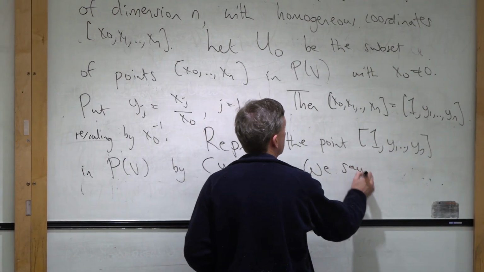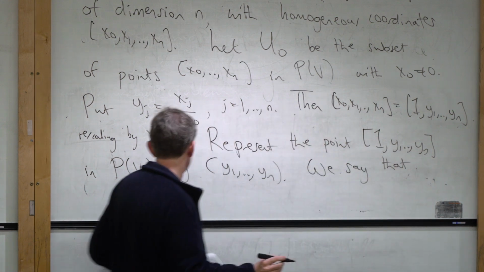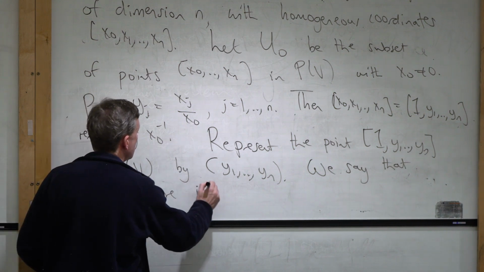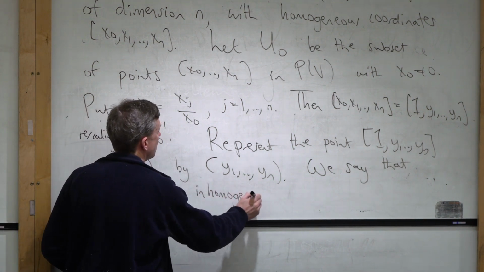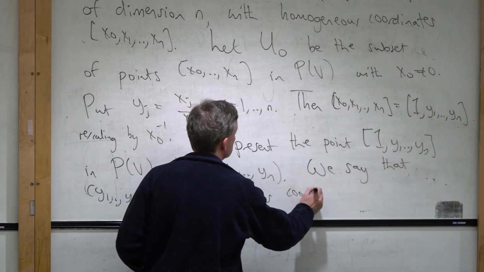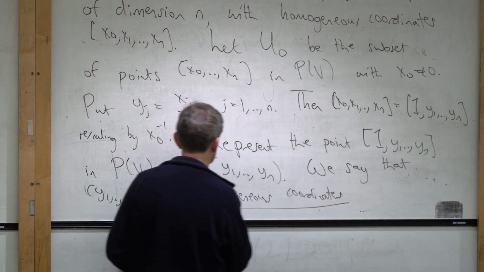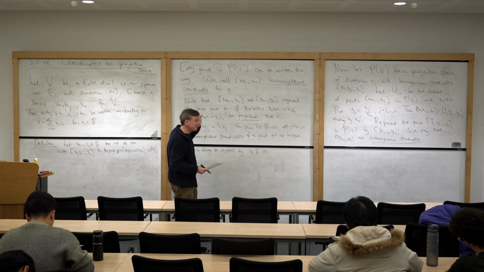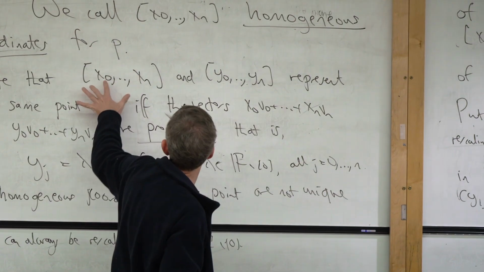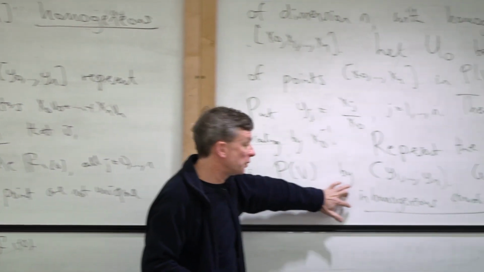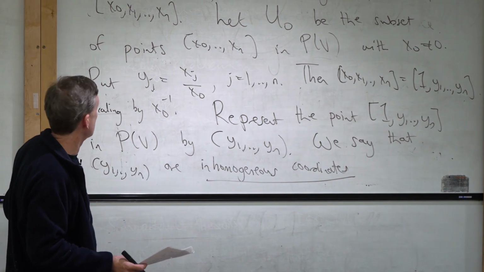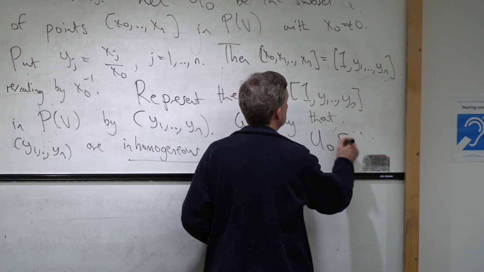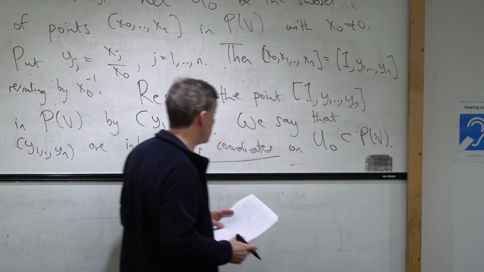And we say that these round brackets (y1, ..., yn) are inhomogeneous coordinates. So homogeneous coordinates are kind of compatible with rescalings of the vectors or the numbers. Inhomogeneous coordinates are not. The inhomogeneous coordinates are on the subset U0 in P of V, which is not the whole of P of V.